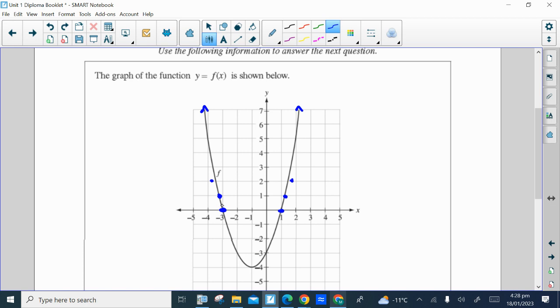And then we also saw that between the two invariant points, the new graph is slightly above the original graph, and then it goes below. There's the new graph.